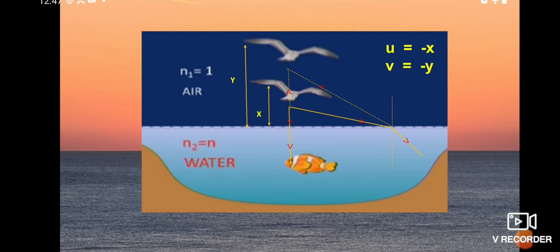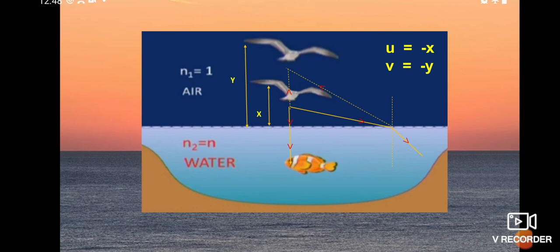If you extend the two rays in the upward direction, because the refracted rays for the first and second ray are not going to meet at any point, if you extend the rays in the upward direction, then at a point they meet here. See here, I have shown you a point where the two rays meet.